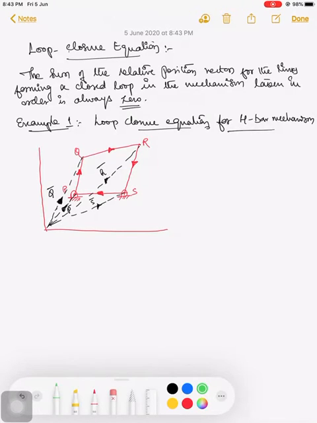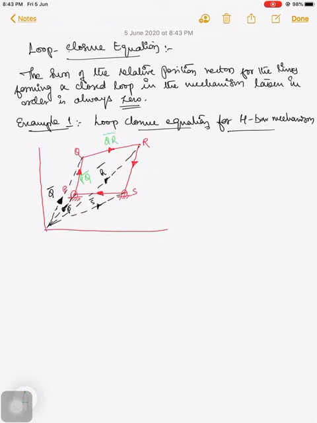The resultant vectors can also be mentioned: PQ, QR, RS, and here SP.